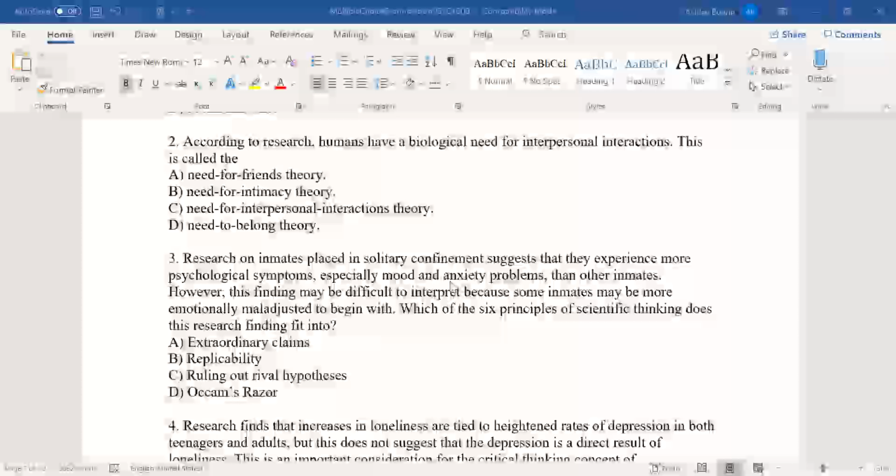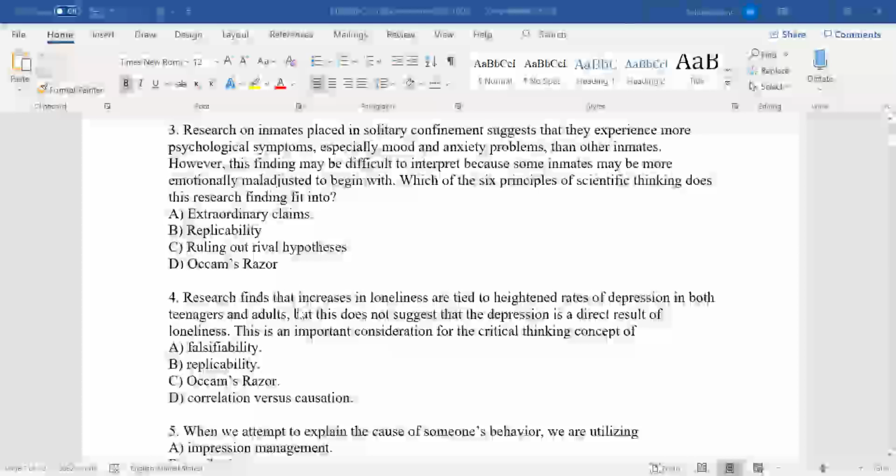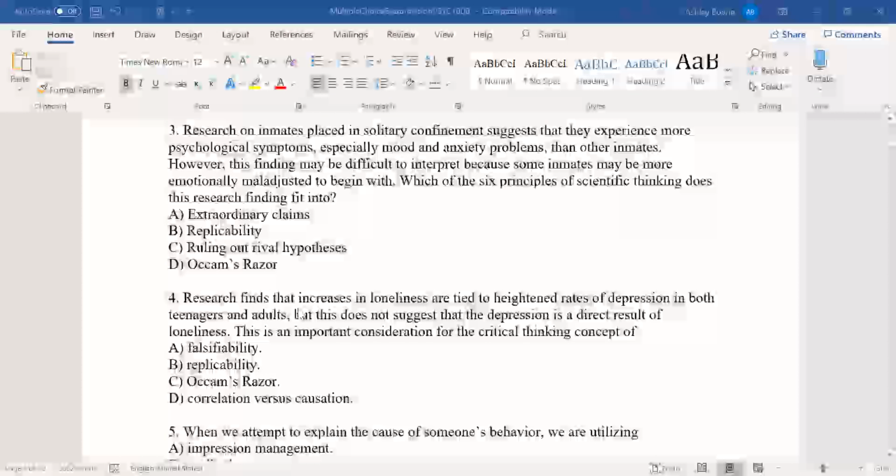Okay, so Occam's razor is basically saying if you have 2 explanations or 2 hypotheses as to why something is happening, the simpler explanation is usually more correct. Or not correct, but should be accepted. Does that make sense? Yeah. Okay, cool.